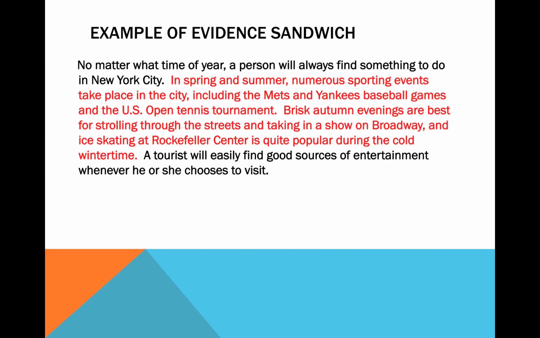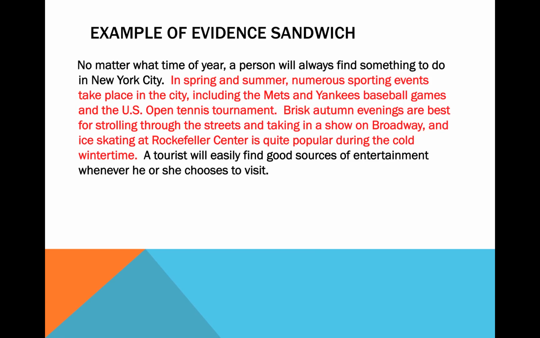If we look at this, I've placed in red all of the evidence for the paragraph. You see that we have our topic sentence: no matter what time of year, a person will always find something to do in New York City. Then the supporting evidence gives specific examples of what someone could do in each of the seasons. In spring and summer, they can attend sporting events; the Mets and Yankees games are listed, and the U.S. Open. Brisk autumn evenings are best for strolling through the streets and taking in a Broadway show.